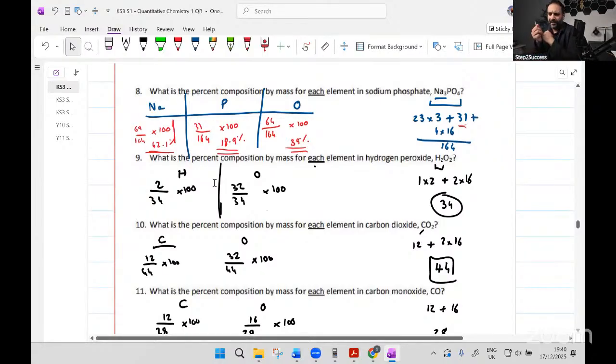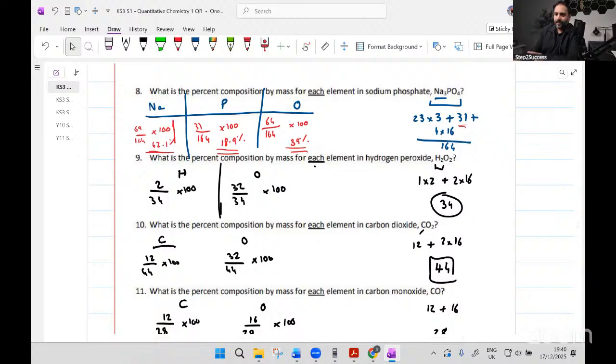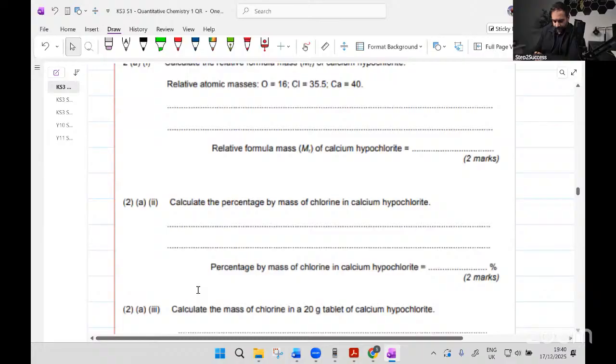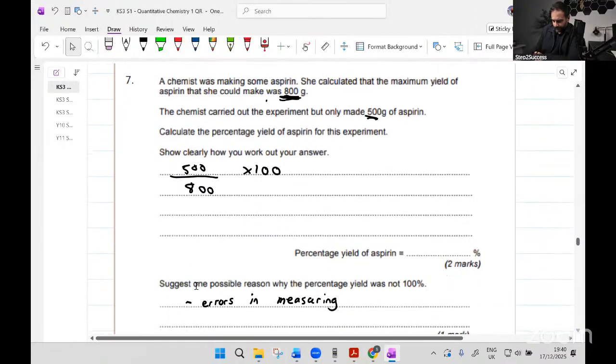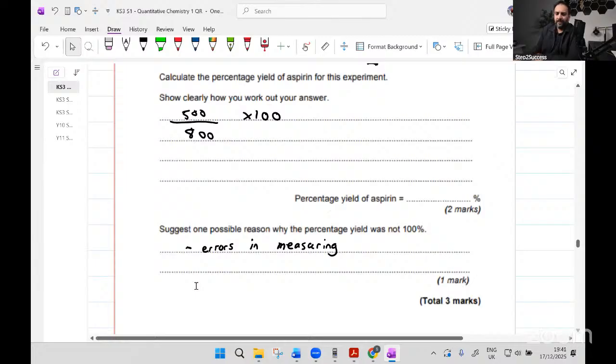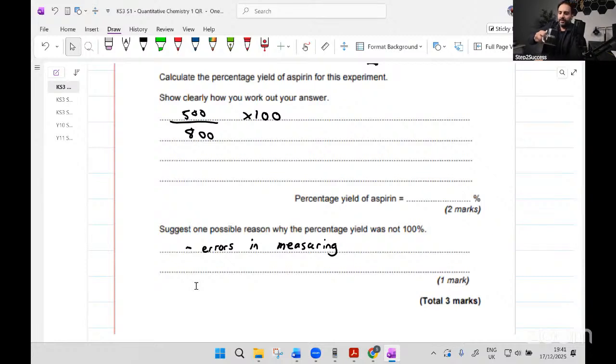So working out relative formula mass, which is adding up some numbers, and then doing the percentage bit from there, depending on the question. I'm not telling you the answer to question seven. I think you can work that out yourself. But that is the working out for it.